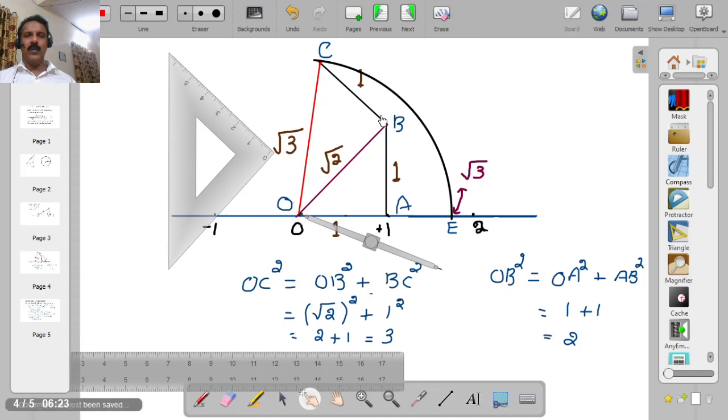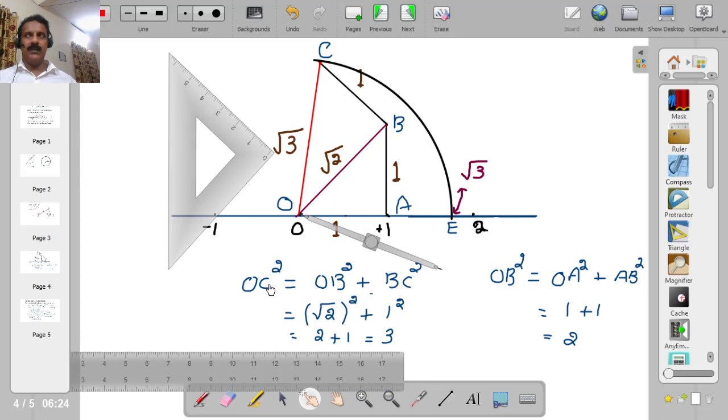Now OBC is also a right angled triangle. Base is equal to OB, altitude is equal to BC and hypotenuse is equal to OC. We know that length of OB is equal to square root of 2 units and length of BC is equal to 1 unit. So what will be the length of OC?